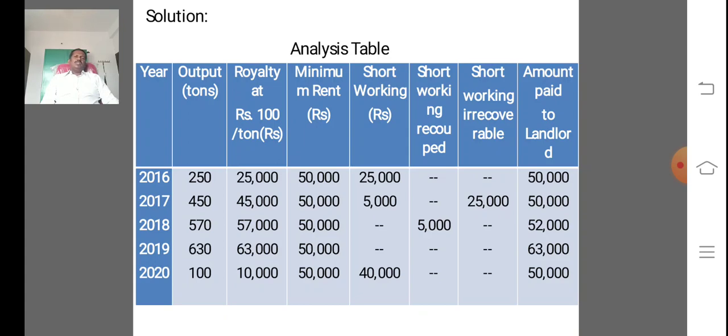In the year 2019, 630 units are output into 100, 63,000 royalty, but minimum rent is 50,000. So the difference is surplus, but recovery of short workings is nil. So entire 63,000 is payable to landlord.